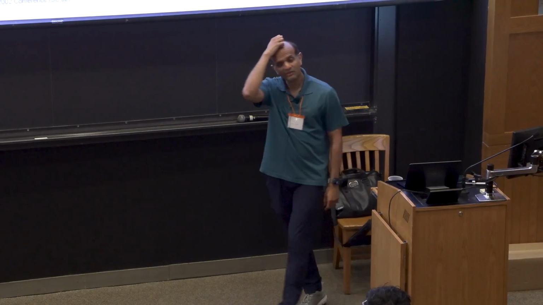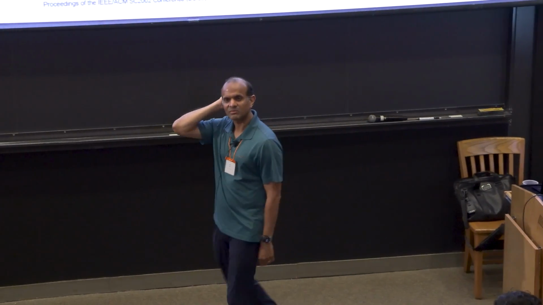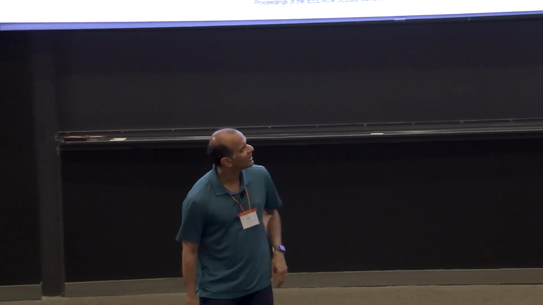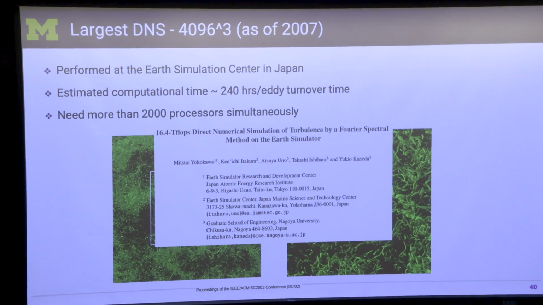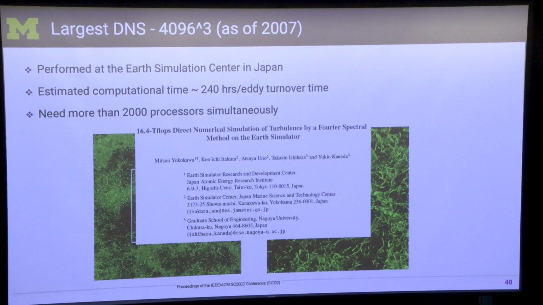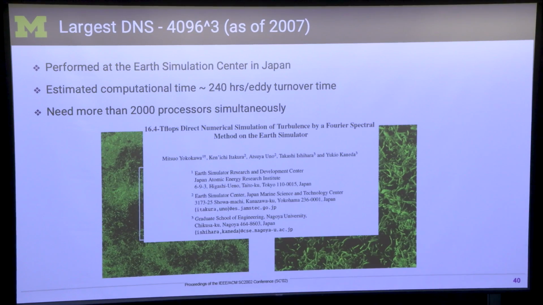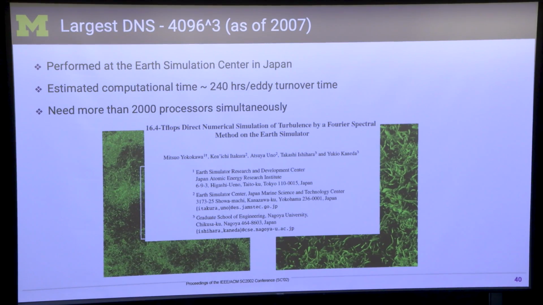This is from 2007, and I give it as an example of how things have changed. In 2007, there was something called the Earth Simulator, which was a supercomputer, and they would take 2,000 processes, and you see this number, 16.4 teraflops. One petaflop is 1,000 teraflops, and one exaflop is 1,000 petaflop.